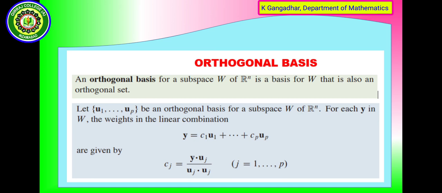And cj equals y dot uj by uj dot uj, for j equal to 1 to p.